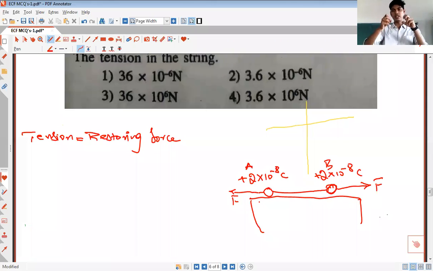Both the charged particles are under mutual repulsion: A repels B and B repels A. When you stretch a string, the string develops a restoring force within itself. That restoring force developed inside the string is called tension.